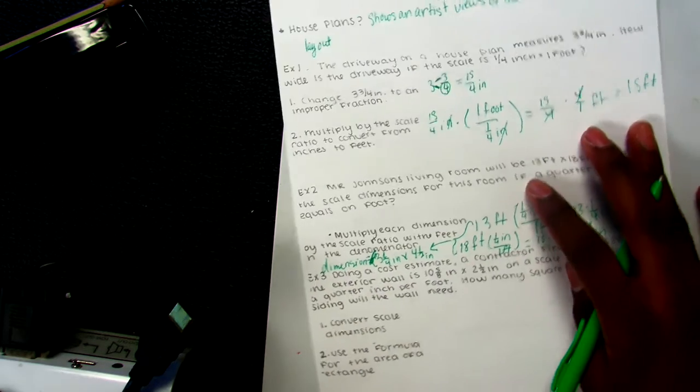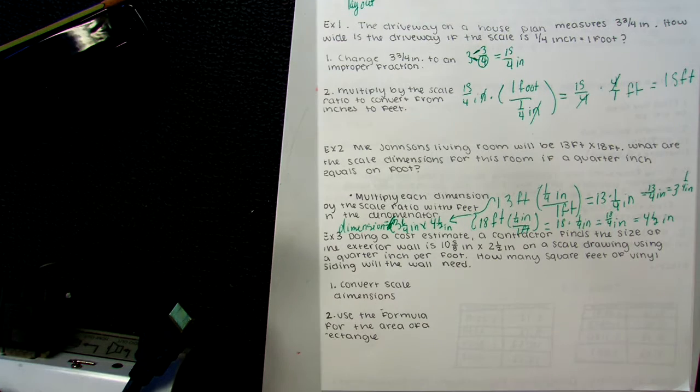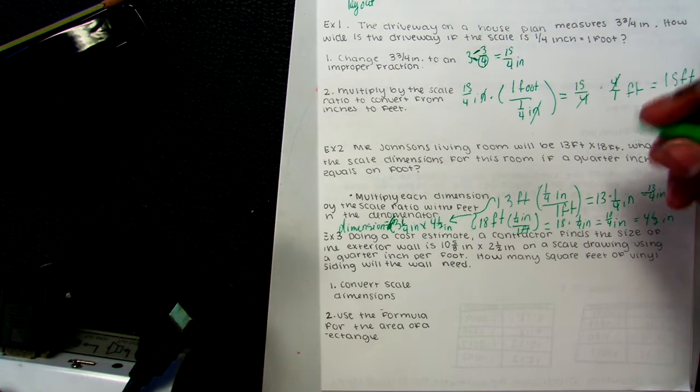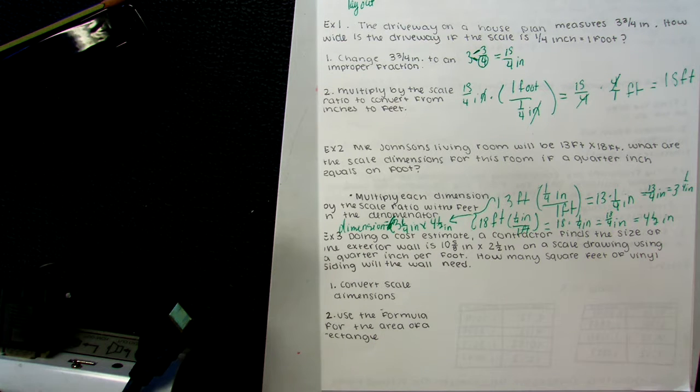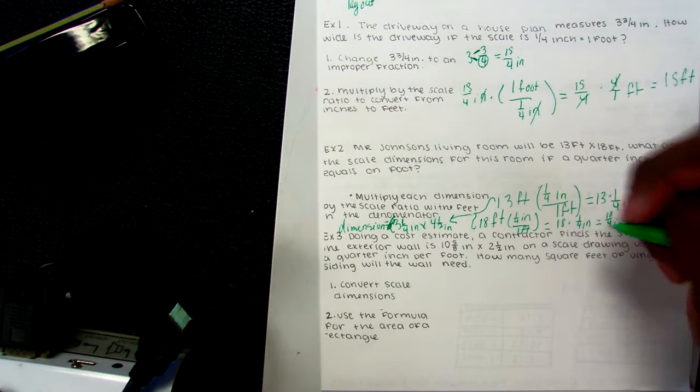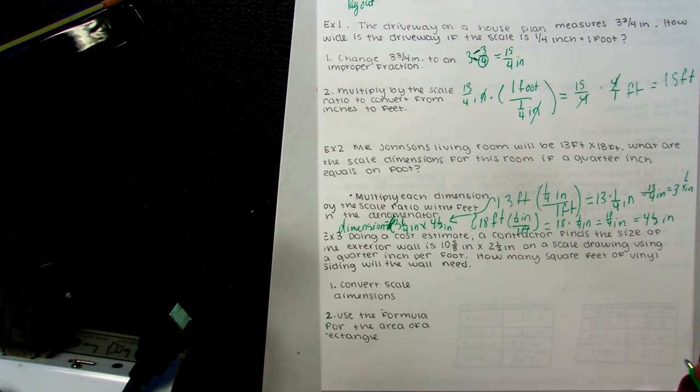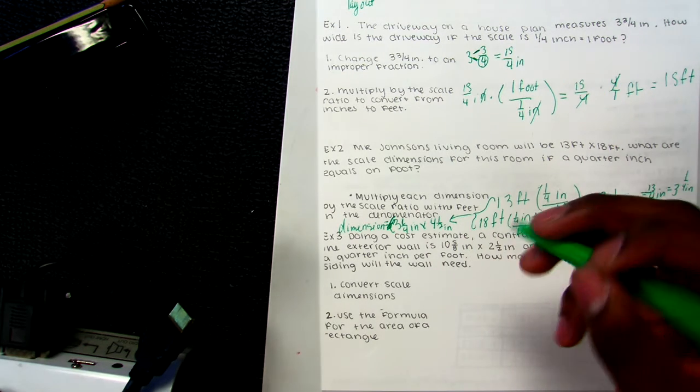Okay. So now we have example 3, which says doing a cost estimate, a contractor finds the size of the exterior wall is 10 5/8 inches times 2 1/2 inches. On a scale drawing using 1/4 inch per foot, how many square feet of vinyl siding will the wall need?